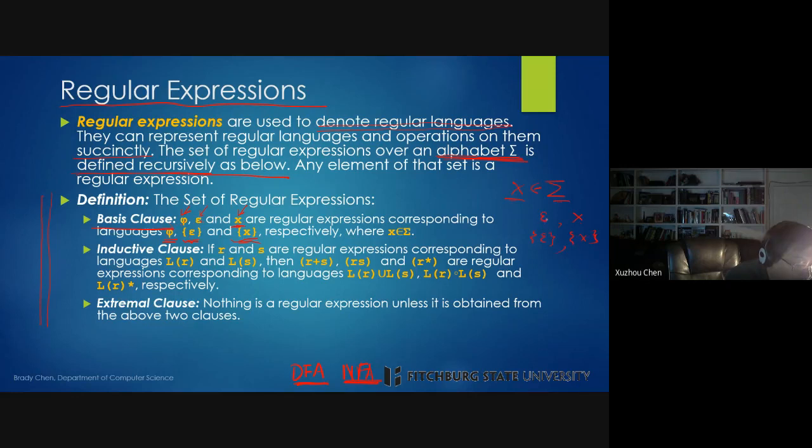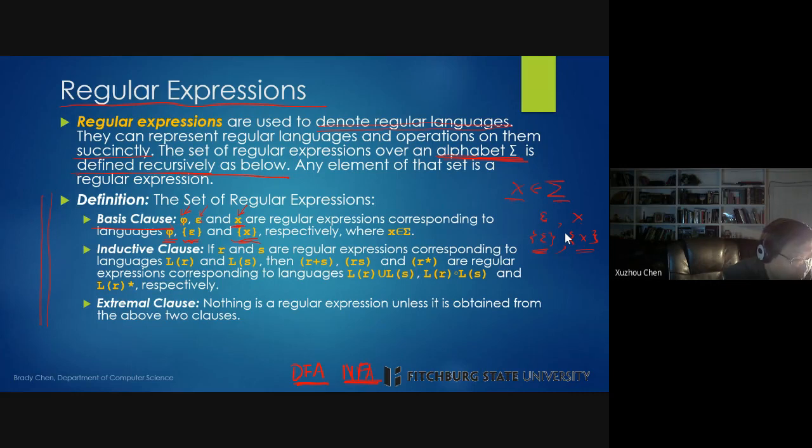So epsilon is a regular expression in this regular language, which contains only the epsilon, the empty string, and x is the regular expression in the regular language which contains only one element, that's x.